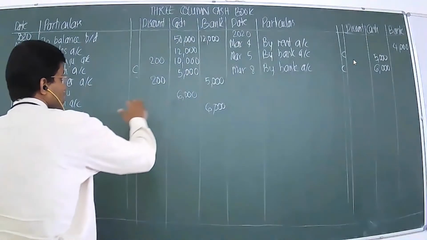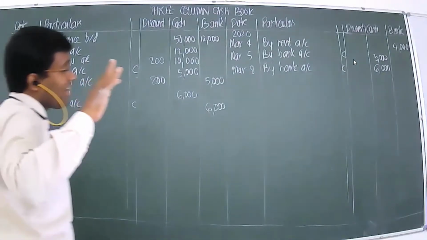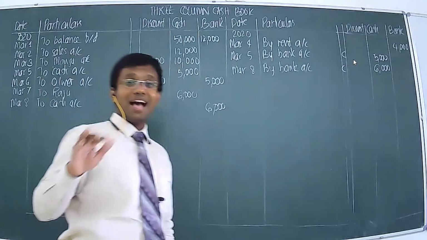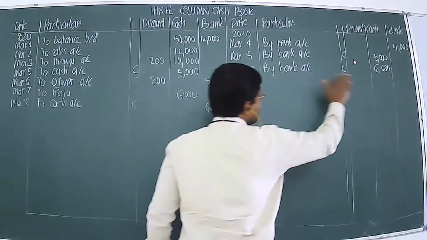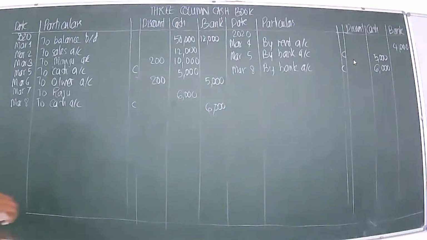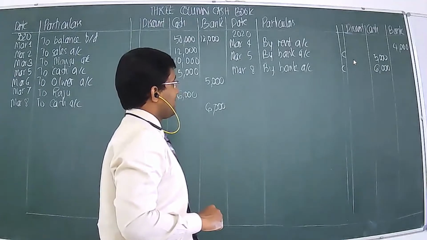Since you're depositing this on 8th, you're passing this as a contra entry. That's the reason why you have passed the entry like this.